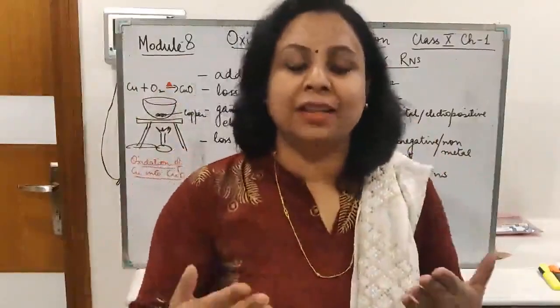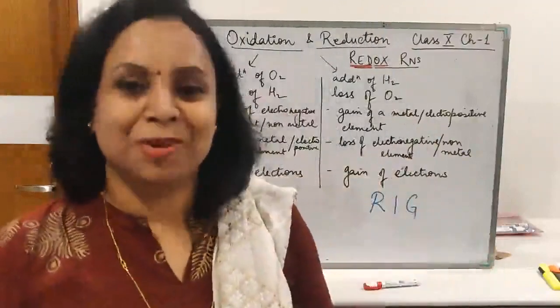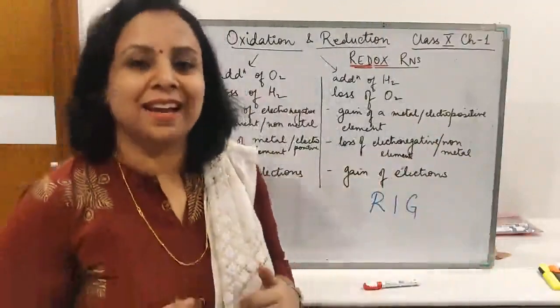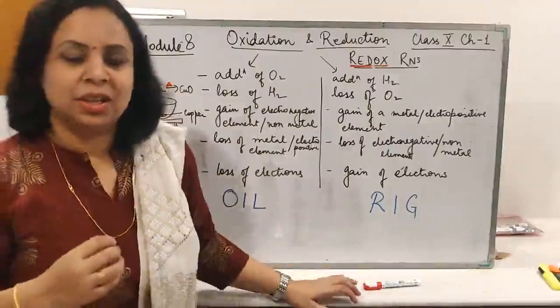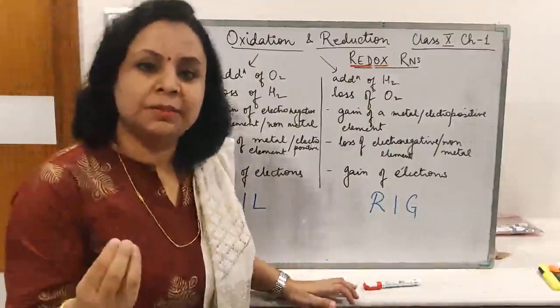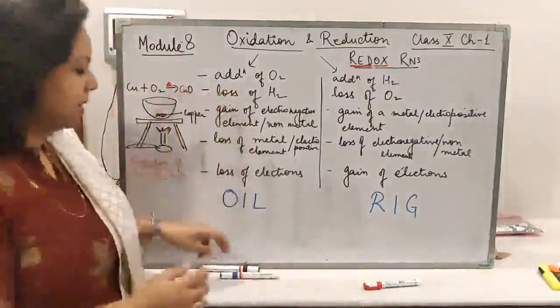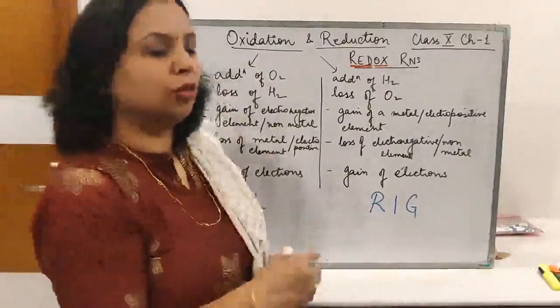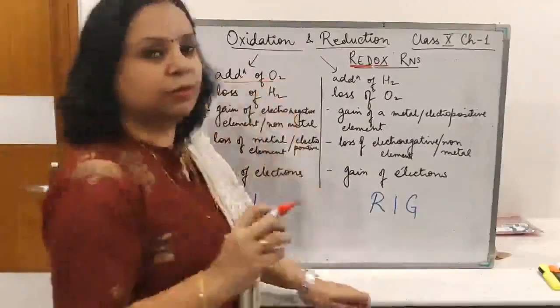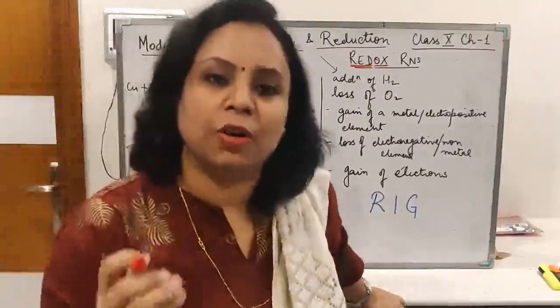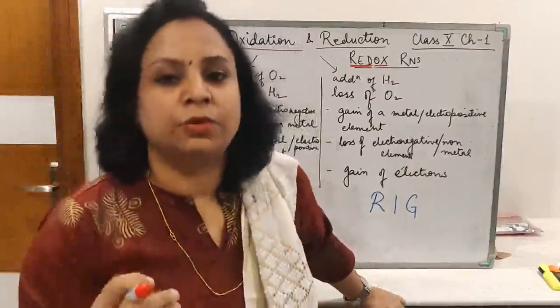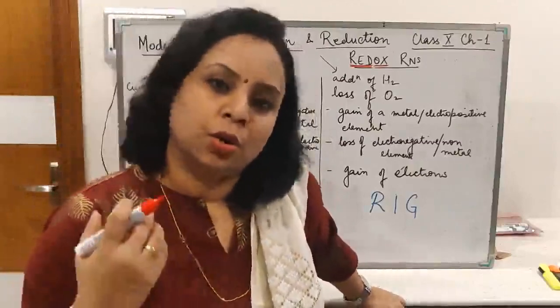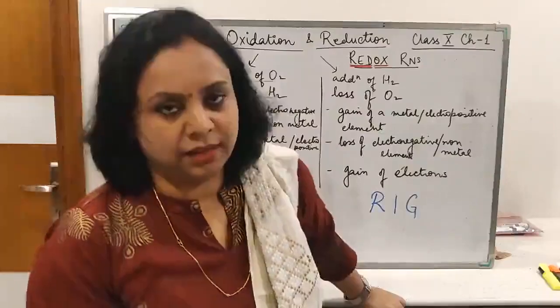But before that, we should understand what actually oxidation and reduction is. To put in simple terms, oxidation means addition of oxygen. Wherever there is addition of oxygen taking place, we will say that oxidation is occurring.